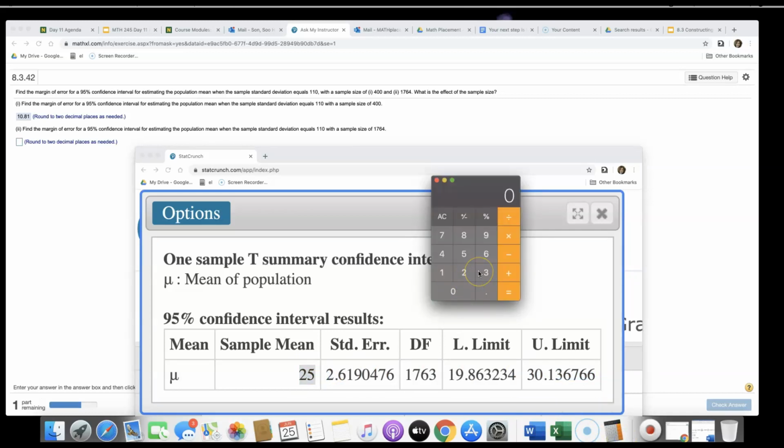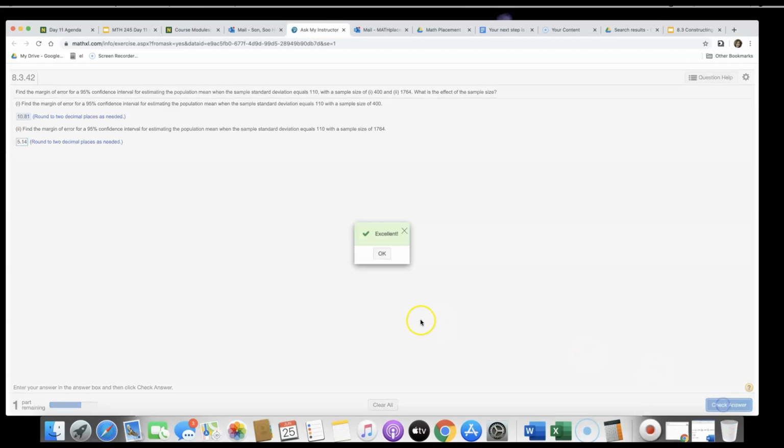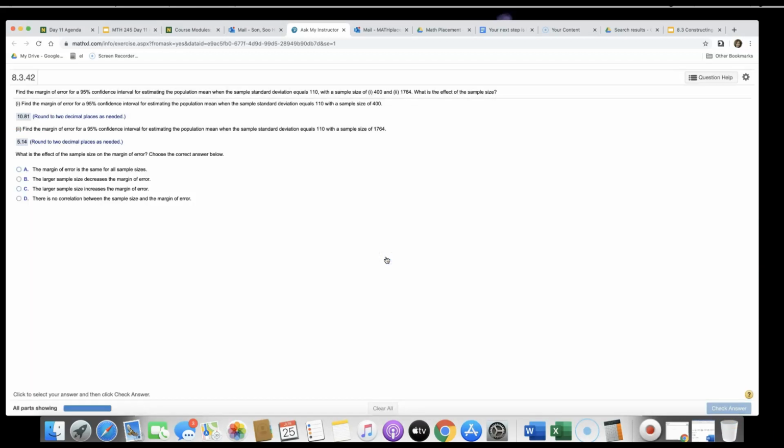I'm going to do 30.136766 minus 25. The margin of error is going to be 5.14. So I didn't want to do that critical t value. I mean, we can do it this way, but I just made up my random sample mean and did it.